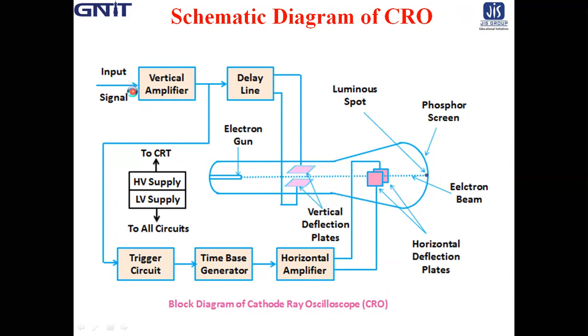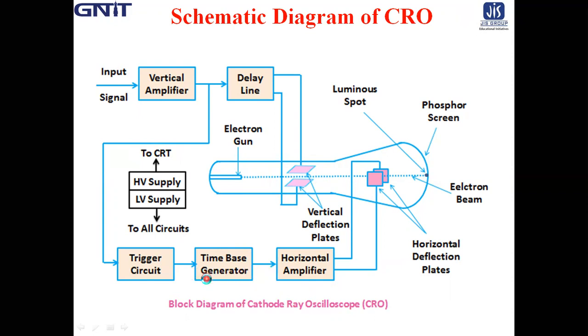So first are the horizontal and vertical voltage amplifiers. These amplifiers are connected between the input terminals and the horizontal and vertical deflection plates.